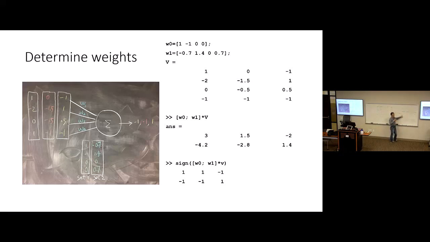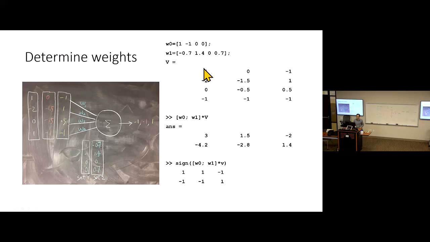If it is positive, give 1; if negative, give -1, so you have the output. So this is very easy to compute: the matrix input dot product with the weights you set up.